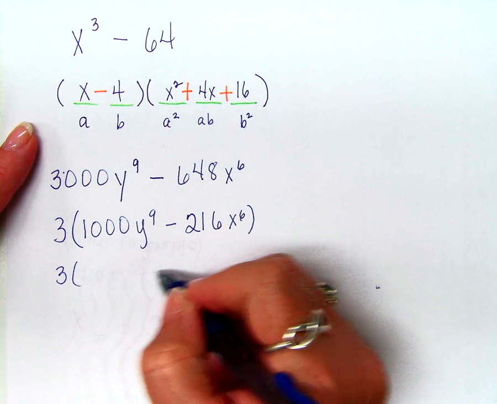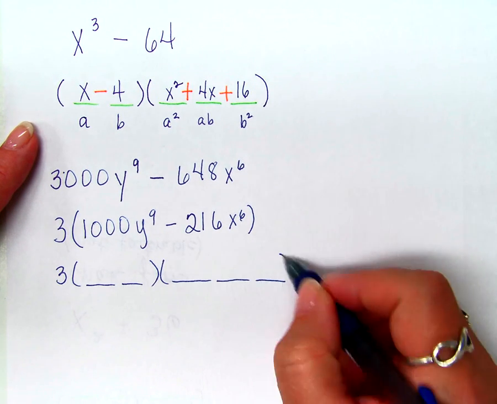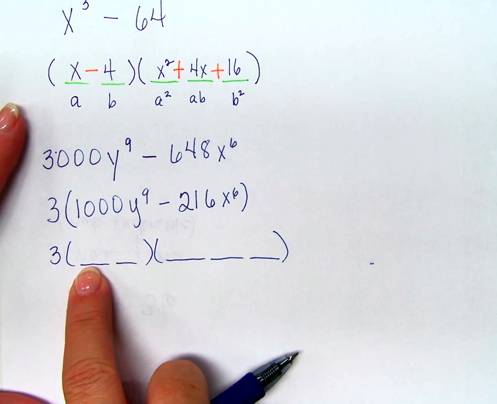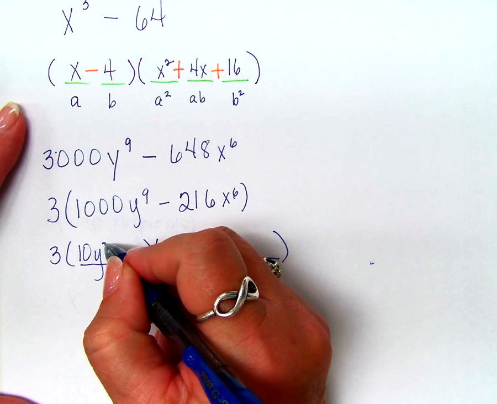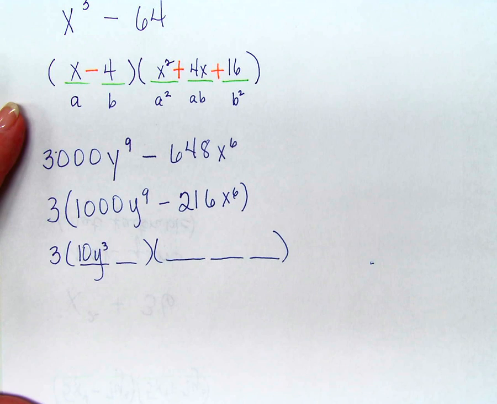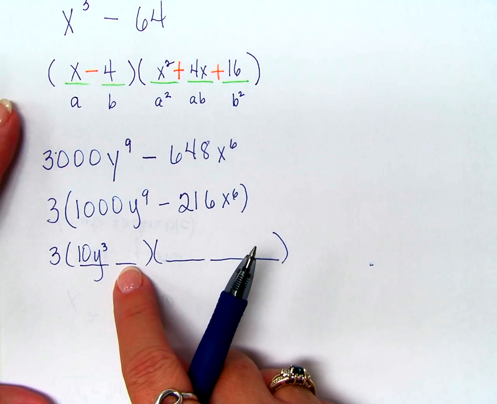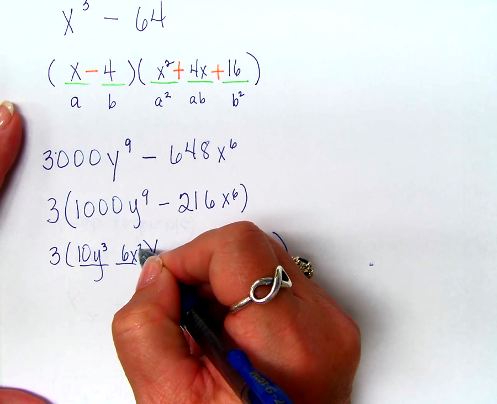So I need to leave the 3 there, and I need a binomial, and I need a trinomial. Okay. What goes first in my binomial? 10 y to the 3rd. Isn't that what you said it was? Yes. What goes in the second term of the binomial? 6x squared.